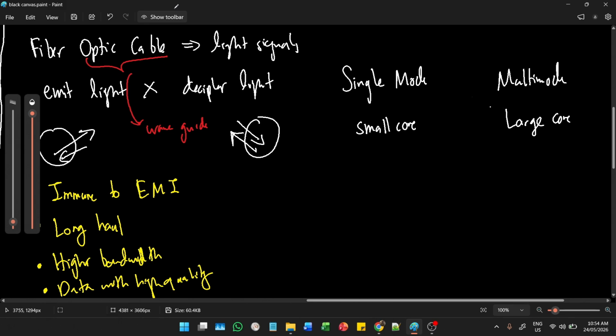So you might say, multi-mode is better than single mode. Well, that depends because single mode is used for longer distances and multi-mode is used for shorter distances. Why is that? You may say, hey my god, larger core means larger. It should be better than this, right?